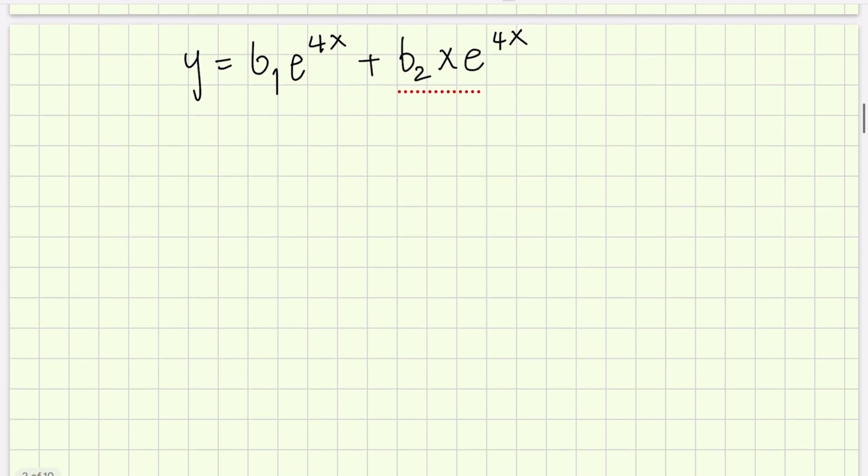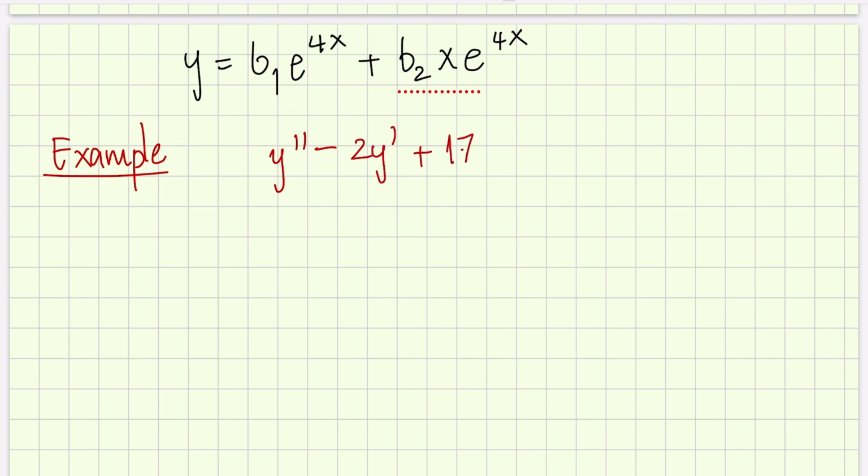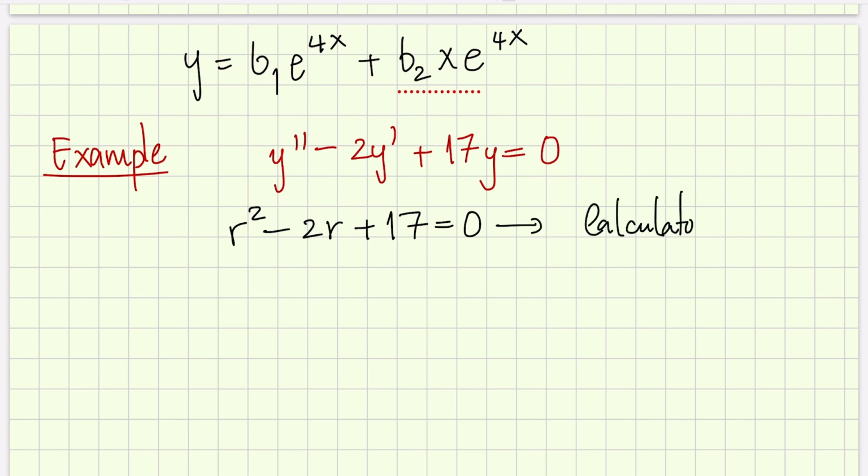And for our final example, let's see some complex roots. So you have y double prime minus 2y prime plus 17y equals 0. Yet again, a characteristic equation, r squared minus 2r plus 17 equals 0. Now if I put this in my calculator, it shows me a big error, which means that this does not have real roots.